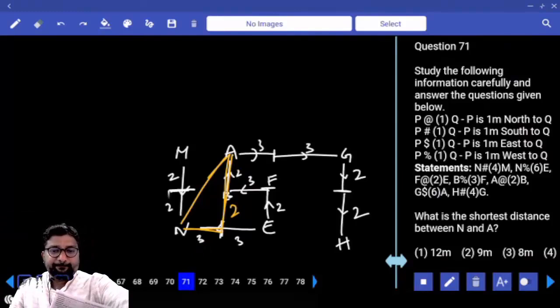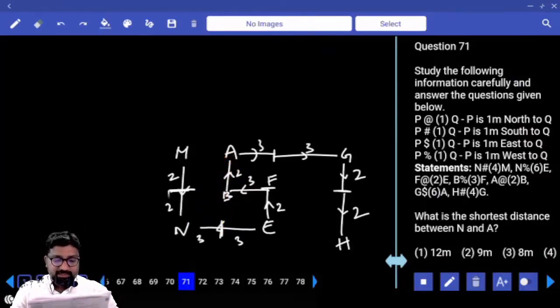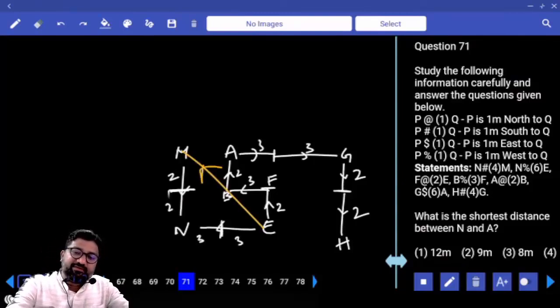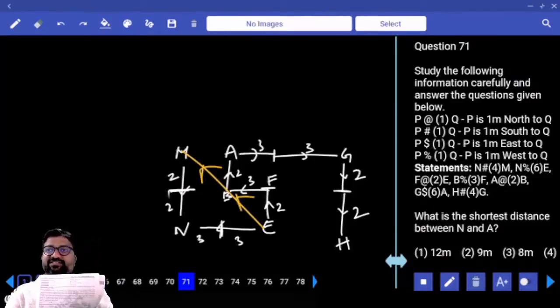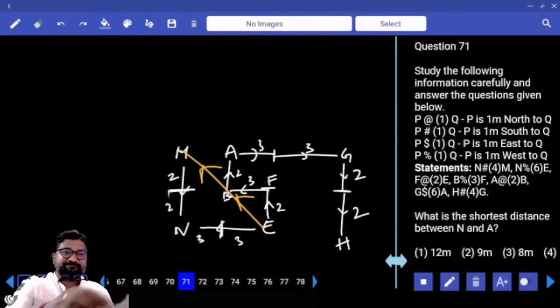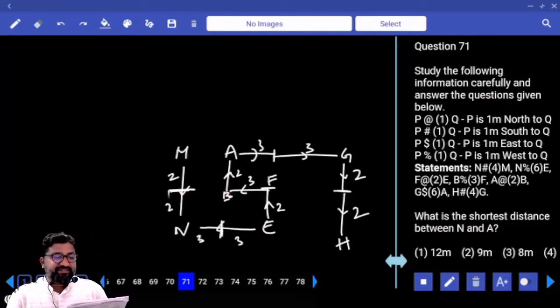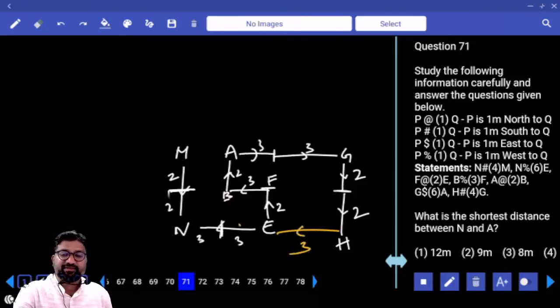Next question. M is in which direction with respect to E? With respect to E, diagonally towards top, left hand side: north, west. Next, if X is 4 meters to the west of H, west means left hand side, right? How much is 3 plus 1 for X?